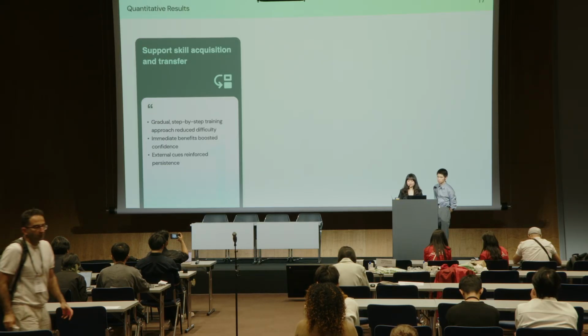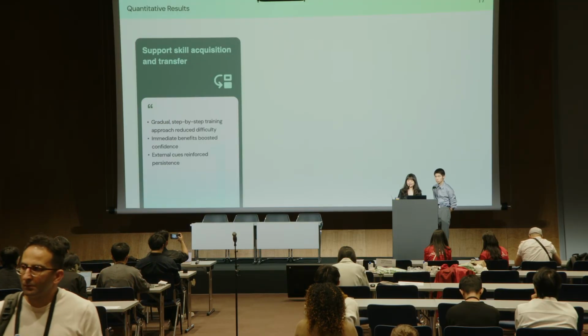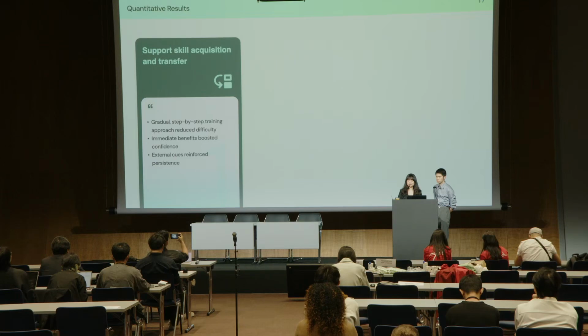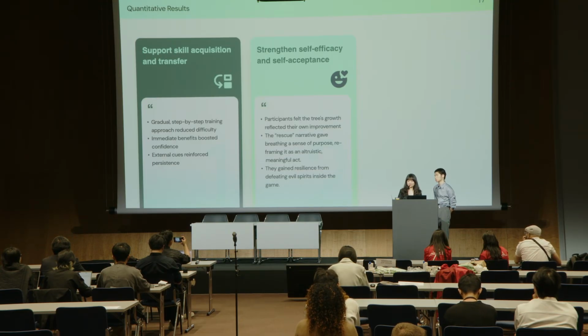First, for skill acquisition and transfer, participants mentioned that the step-by-step training approach reduced difficulty and immediate feedback increased their confidence. Secondly, self-efficacy was successfully strengthened as participants reported that seeing the tree grow made them aware of their own progress, and the rescue narrative gave them a sense of purpose and built resilience.